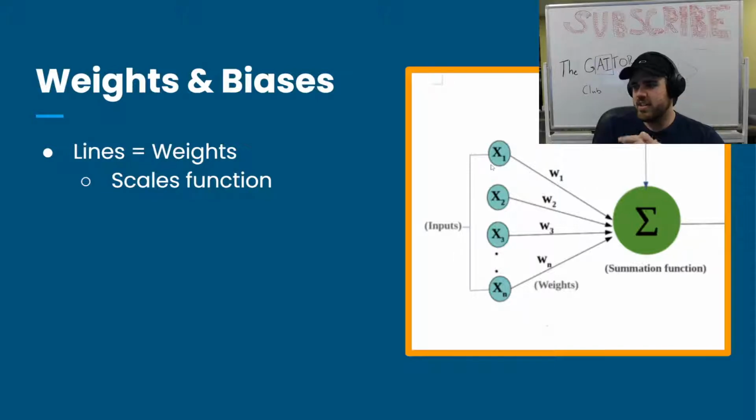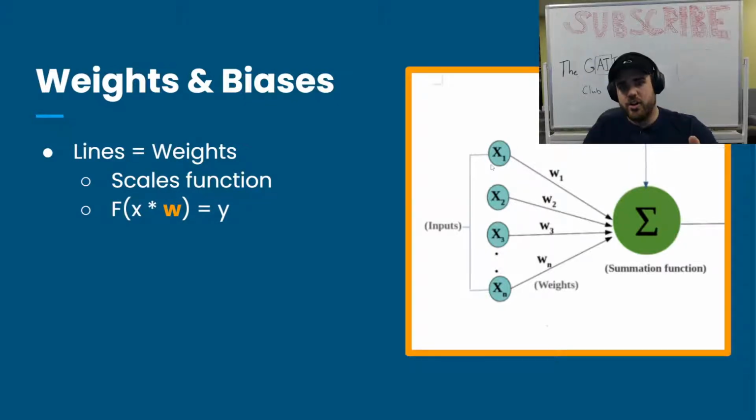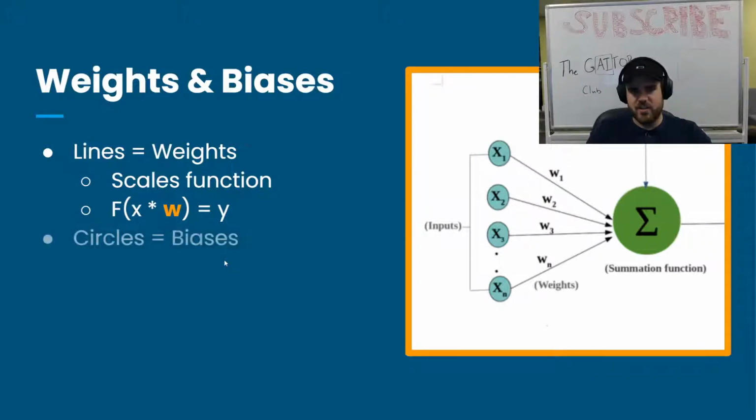They're predetermined, or they can be figured out as you go along. If you have a function f of x times the weight w is equal to y, that's basically what you're doing: you're taking a function and scaling it, which we will talk about later, what this looks like on a graph. And you're basically just adding all the outputs of this function together.